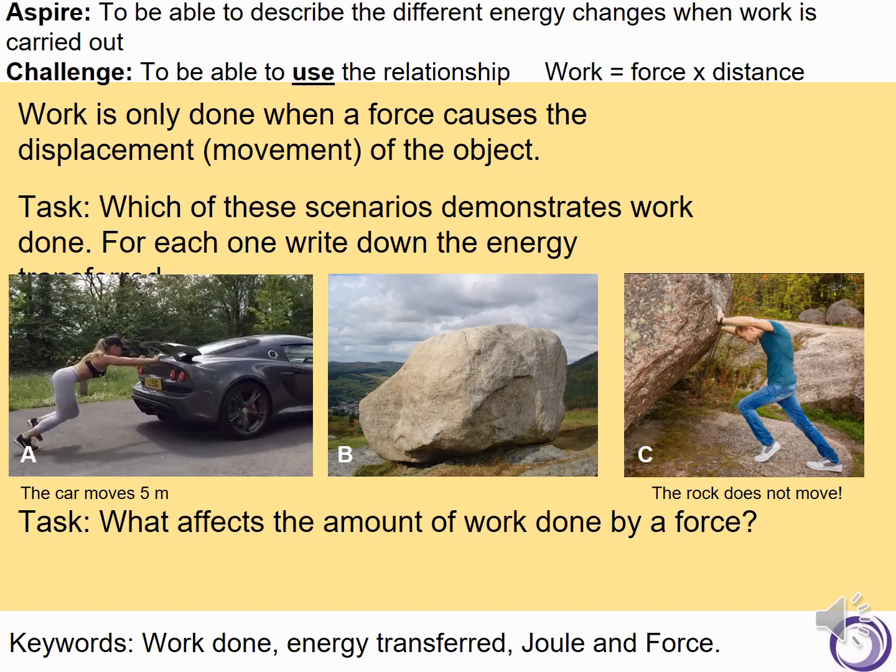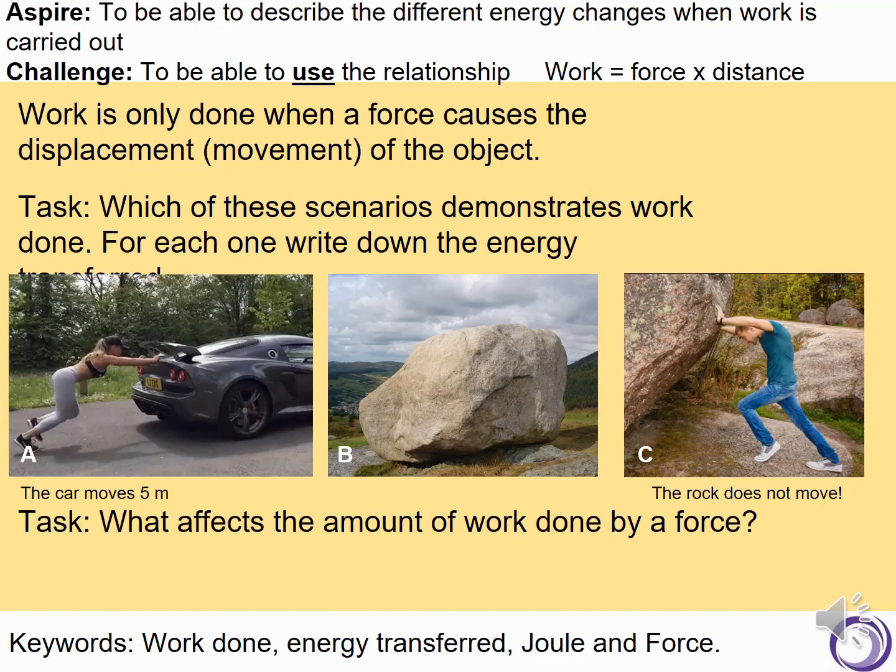Now looking at B, B is a very large boulder. I've not written any notes about that boulder in terms of it moving, so at this point I'm telling you that it's not moving. So the question of whether work is being done: first of all, there is no force being applied to that boulder and it is not moving. Therefore, there is no work being done in B.